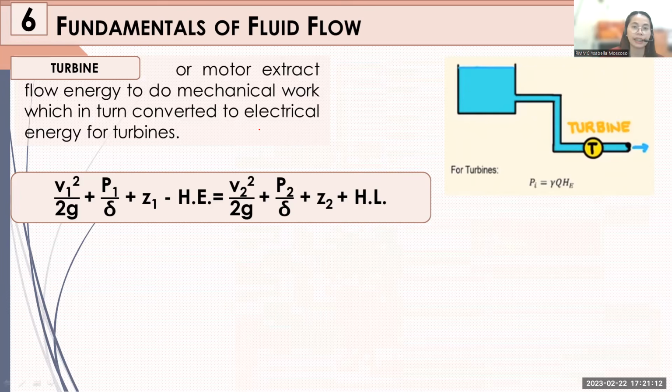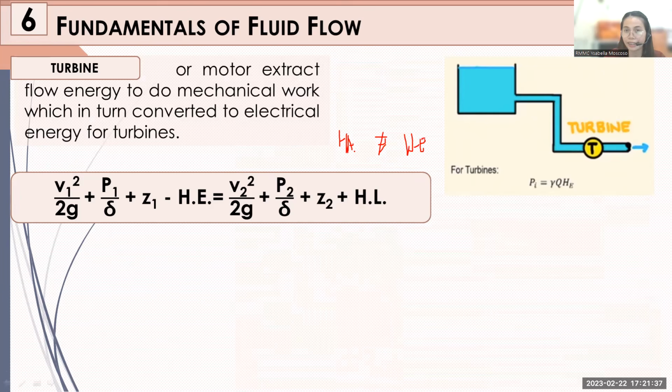Ibig sabihin, nag-e-extract tayo ng energy. Kapag nag-e-extract tayo ng energy, binabawasan nyo yung energy ninyo. That is why you have head extracted. So you need to remember, HA, head extracted. HA from pump is not equals to your HE.